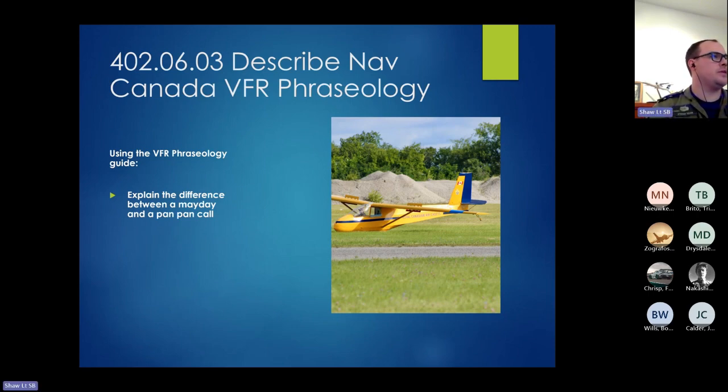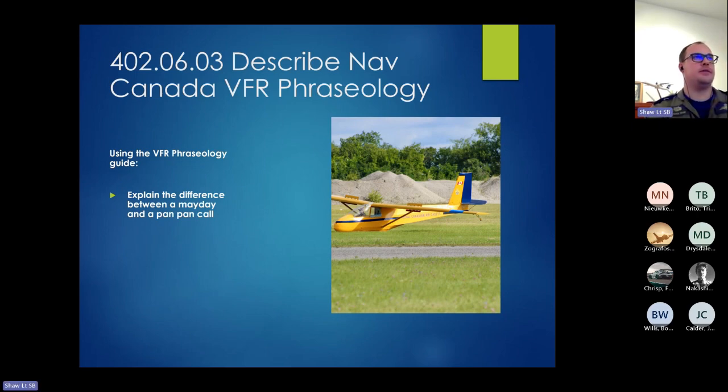Awesome. So, the difference between a Mayday and a pan-pan. Anybody? Very similar, but there's an important difference.